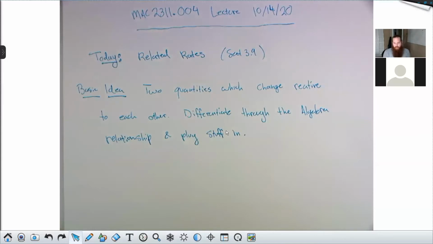So the easiest example that I can think of that I believe most people will understand well without extra background is a circle.